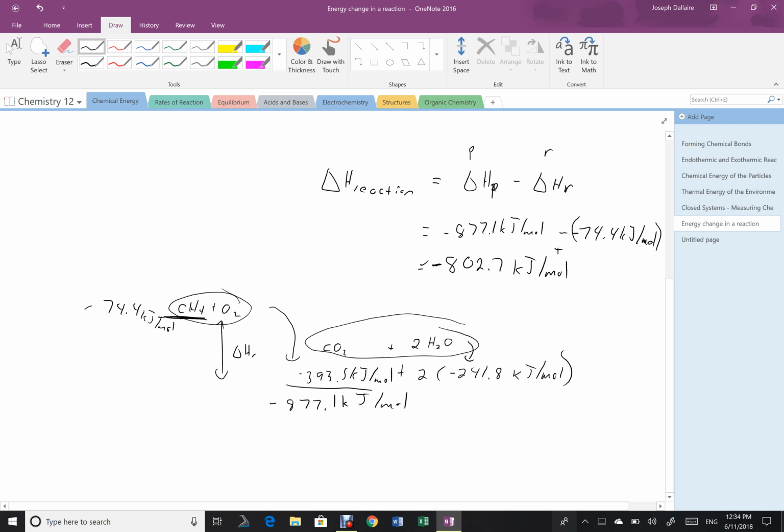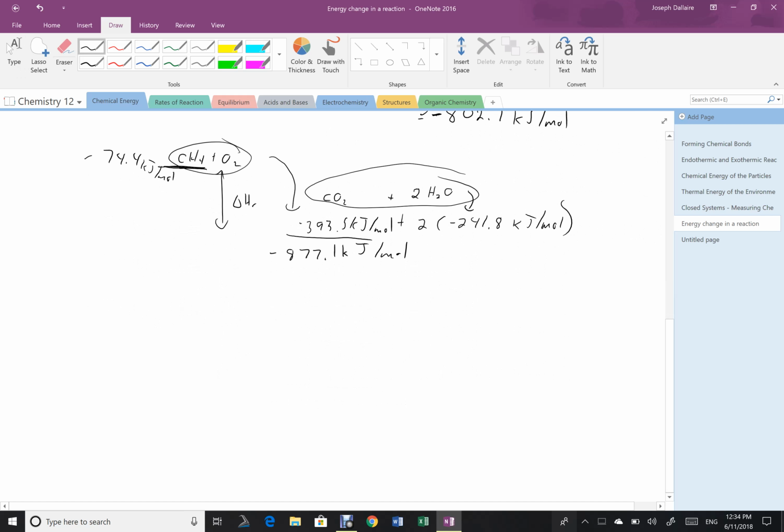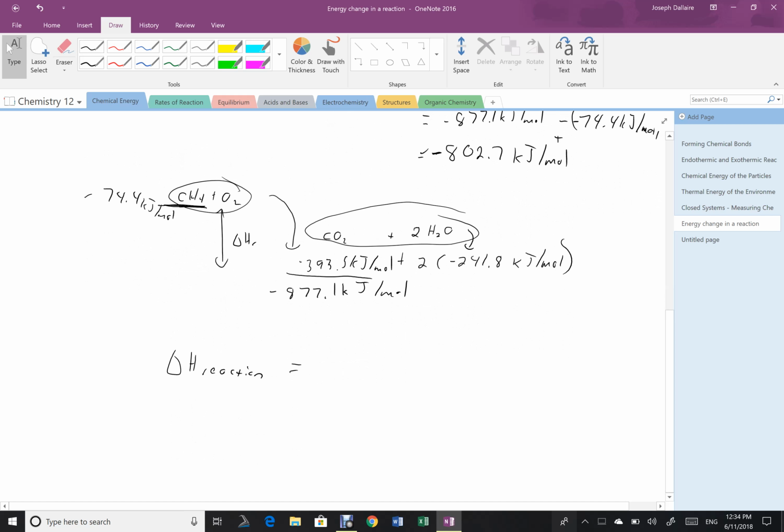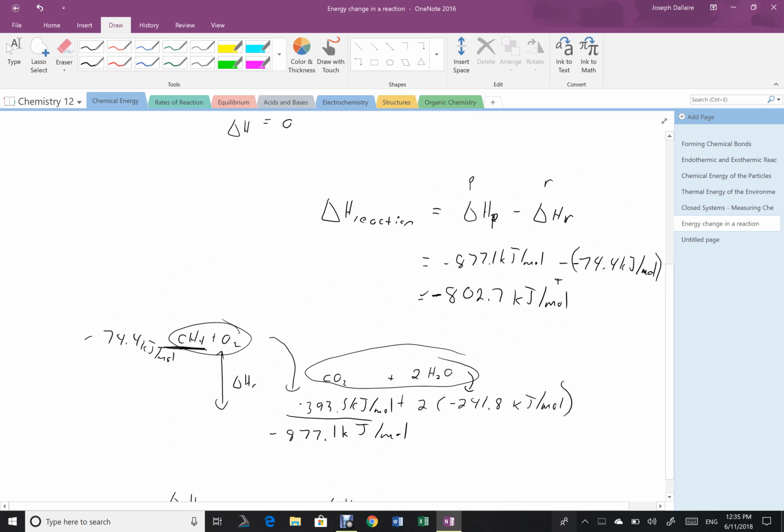I just did all this to be instructive. So delta H for a reaction, if we just want a simple formula which represents what I did here, would be the delta H of the products minus the delta H of the reactants. Again, I just did all this to show why.